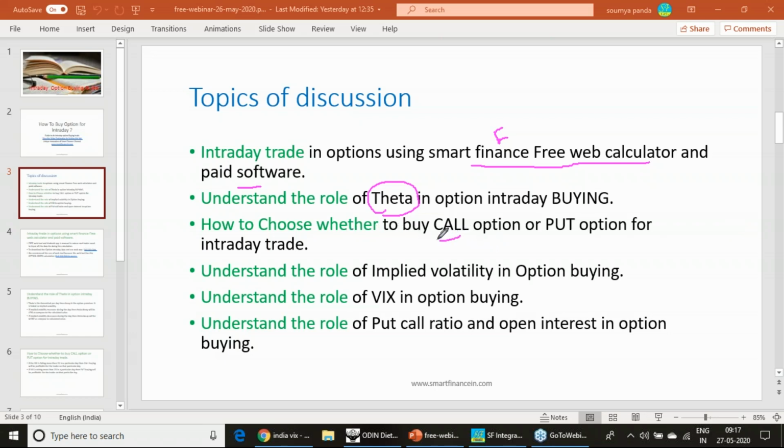How you can choose call options or put options to buy based on the VIX, the volatility index, and the role of implied volatility in option buying. And last, we will go for the put call ratio. We will understand the put call ratio in two different aspects, and open interest also.